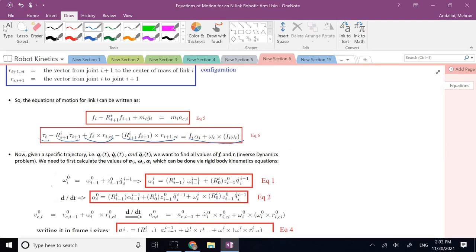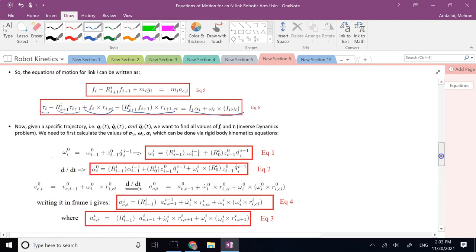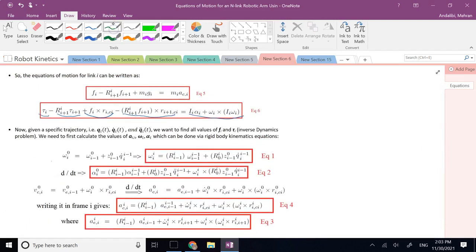And clearly, if you look at these equations of motion, they need some entities in order to be able to calculate them. One of them is the acceleration of link i at the centroid. The other thing is angular velocity and then angular acceleration of each link with respect to either the base frame or the body attached frame, right?